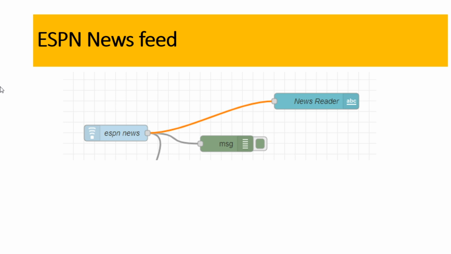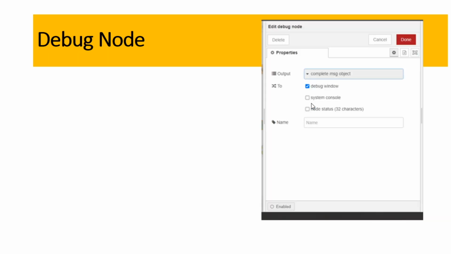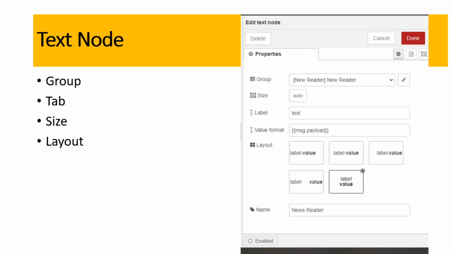I will have the ESPN news displayed in a debug monitor and then in a UI dashboard text node. In the debug node, make sure your output contains the complete message object.